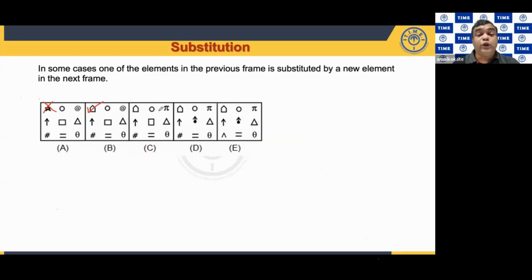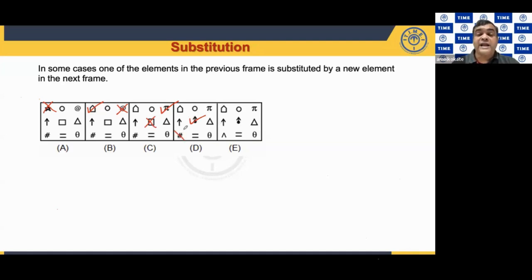Look at second to third figure, the at the rate is removed. Instead of that, pi appears. So whichever element is removed, I'm putting a cross over that. Whichever element is replaced, I'm putting a tick at that position. Third to fourth figure, this square is removed and a new element appears there.